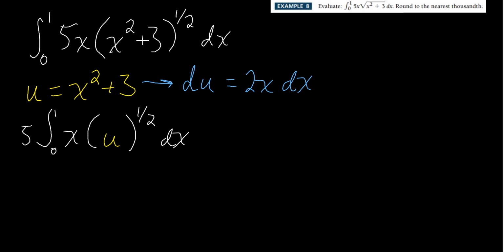Now we're going to do a little bit of rearranging. We have x dx that I need to replace. So I'm going to have to isolate this x dx. Well, same as before, I'm going to divide both sides by 2. So I'm going to have du divided by 2 is equal to x dx.